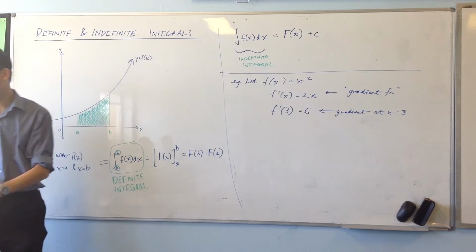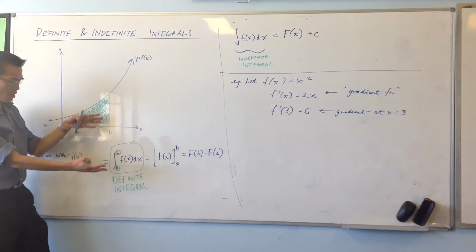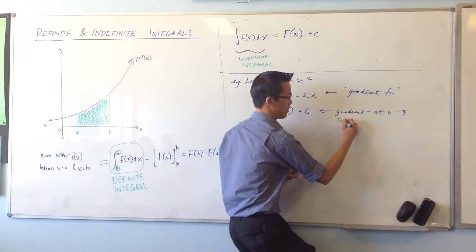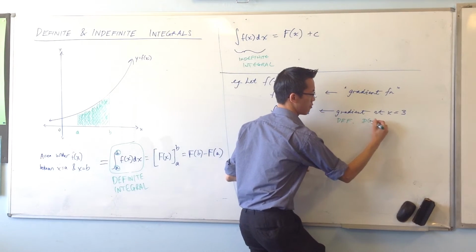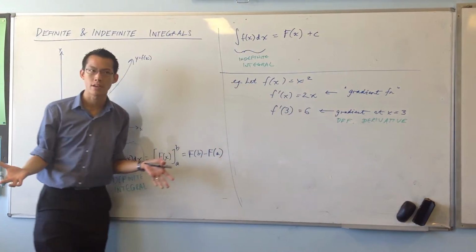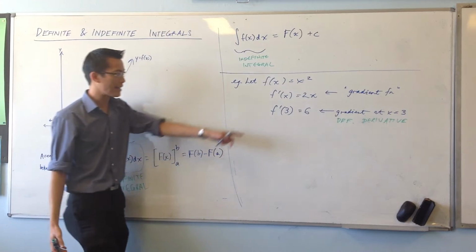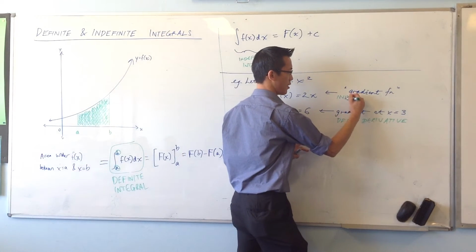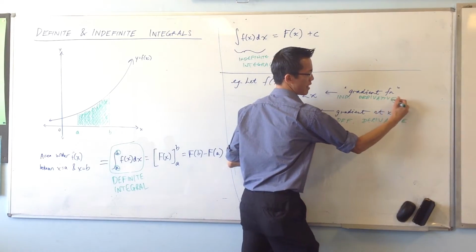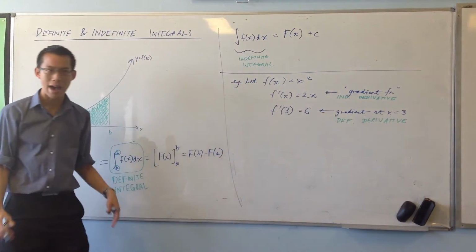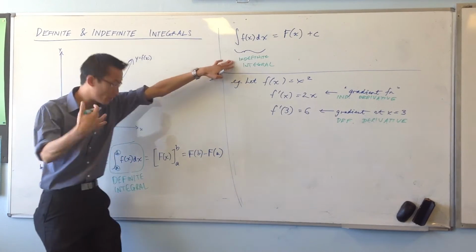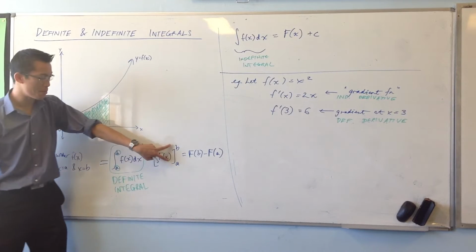If I wanted to give it the same kind of language that we use to describe integrals, I suppose you could call this a definite derivative, because it's the derivative and it's defined at a certain place, namely x equals 3. In the same way, I guess this is kind of like an indefinite derivative, because it'll give you the gradient wherever you want it, but you haven't told me where you want it. In the same way that the indefinite integral would give you the area if you gave it boundaries.